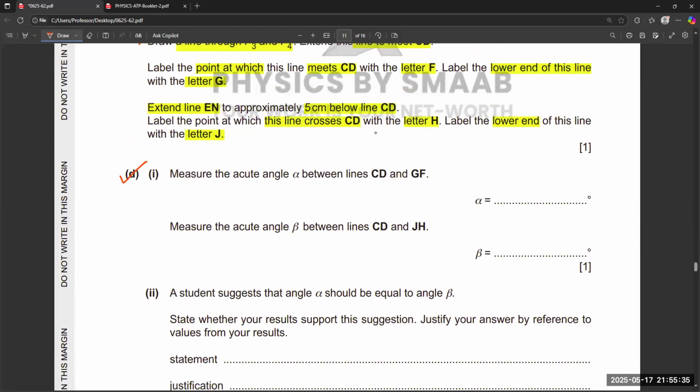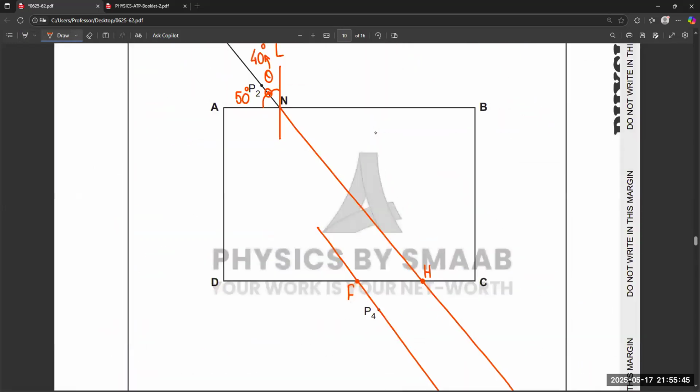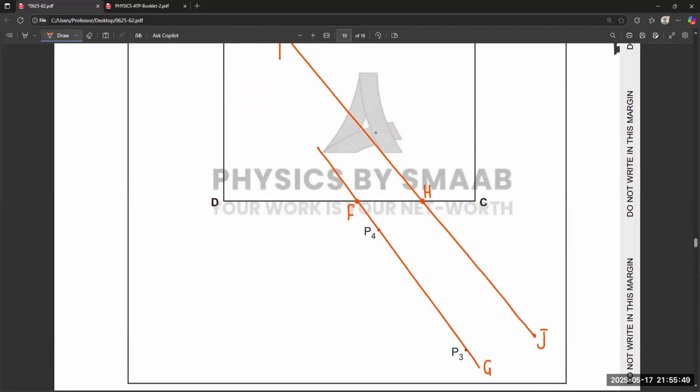Now again we have to measure the acute angle alpha between lines CD and GF. CD and GF. This one, because this is less than 90 degrees. The other side is greater than 90 degrees.